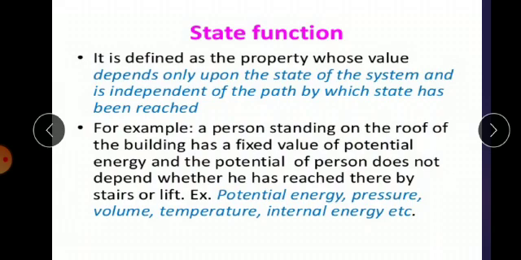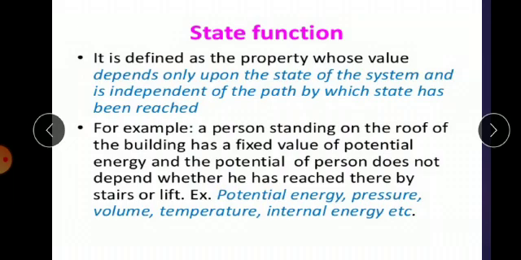He has some potential energy, and the potential of the person does not depend on whether he reached there by stairs or lift, isn't it? Some examples are potential energy, pressure, volume, temperature, as well as internal energy U. You can memorize PVT. PVT is pressure, volume, temperature, which are state functions. They are independent of the path.